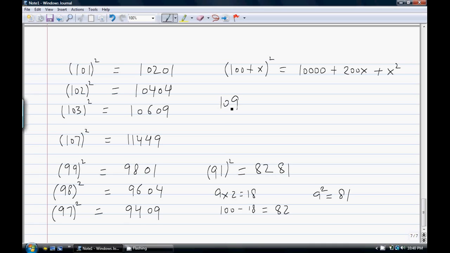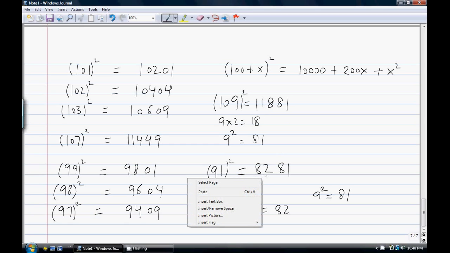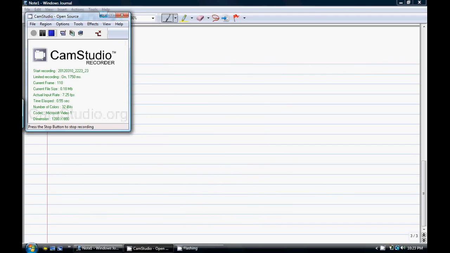Similarly, for 109, 9 times 2 is equal to 18, so I will write 118, and then 9 square is equal to 81, so that will be 81. So you see that the last two digits are always the same, but in this case we are adding 18 to the 100, and here we are subtracting 18 from the 100. So that concludes this tutorial.